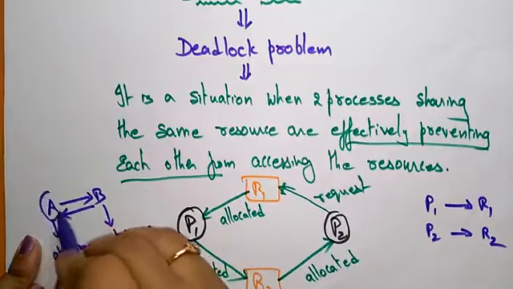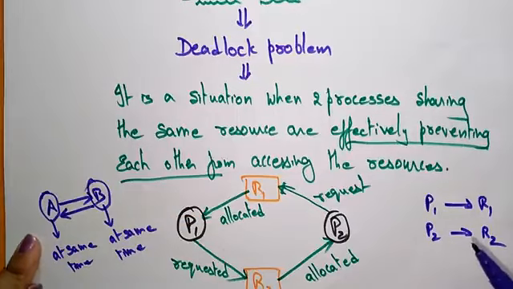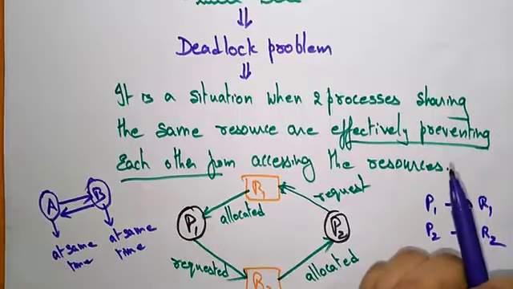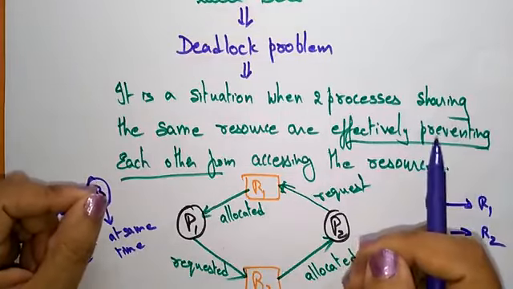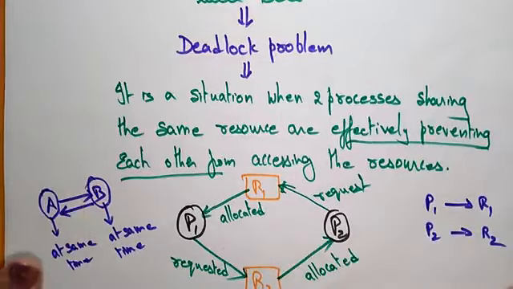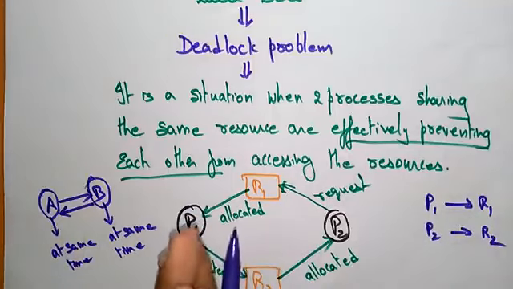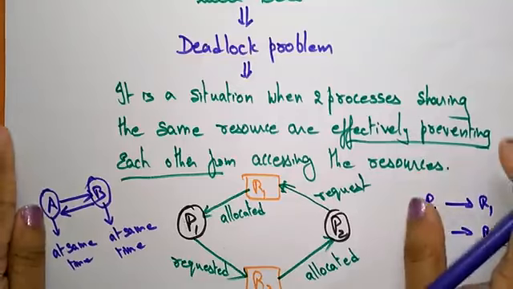Then both persons will become engaged. A lifts the phone and B also lifts the phone. A dials B's number and B dials A's number. Then both will get the engaged tone. No one will respond because both are trying at the same time. That situation you call a deadlock.